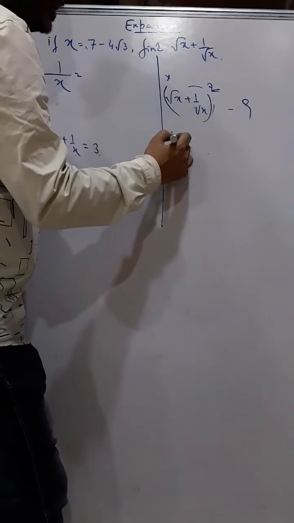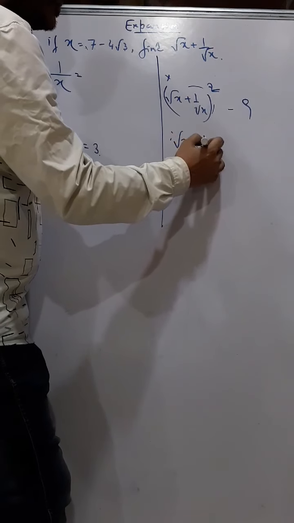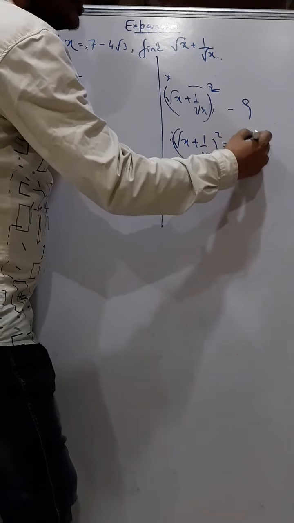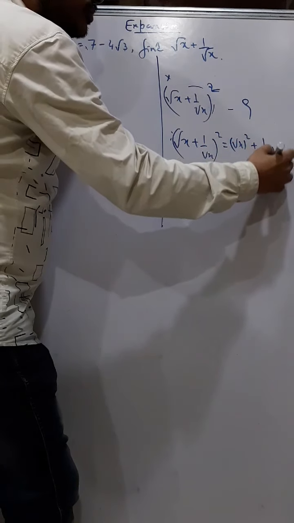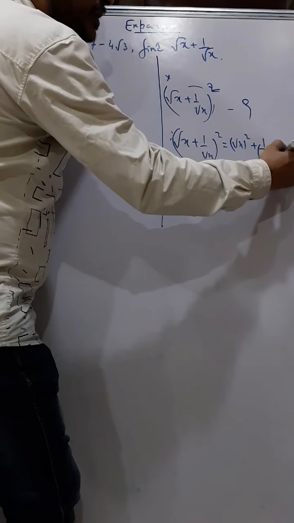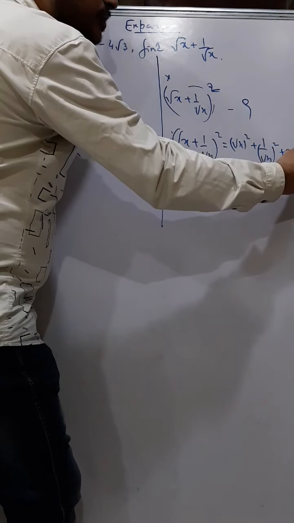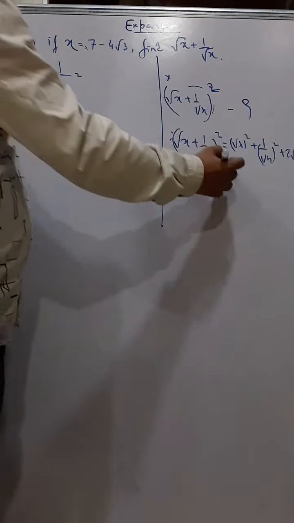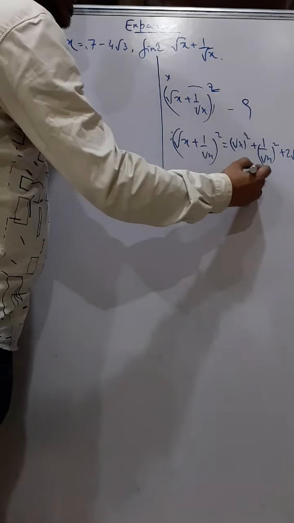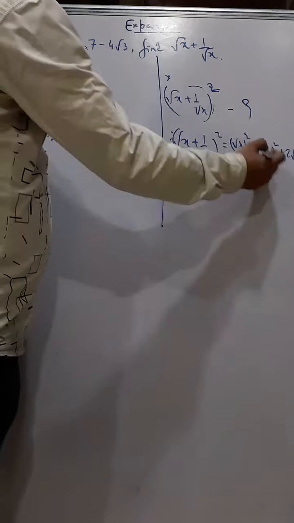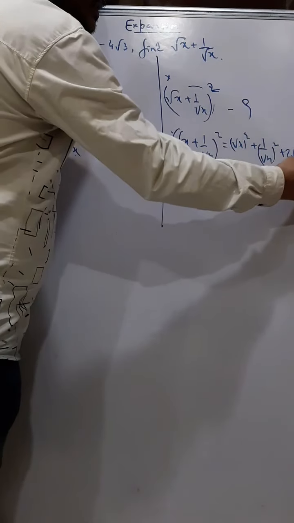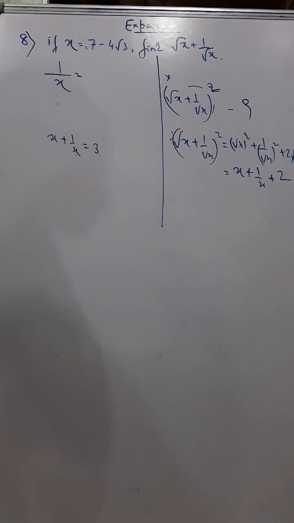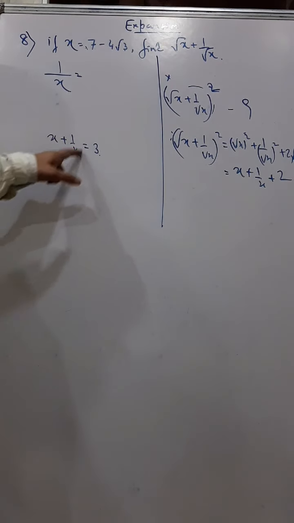When I do root over x plus 1 by root over x whole square, this means root over x whole square, this means 1 by root over x whole square, and then plus 2 into root over x into 1 by root over x. So what I got, root over x square means x, and root over 1 by x square means 1 by x, and this root and root got cancelled, and then this. So ultimately you can understand now, I require this value.